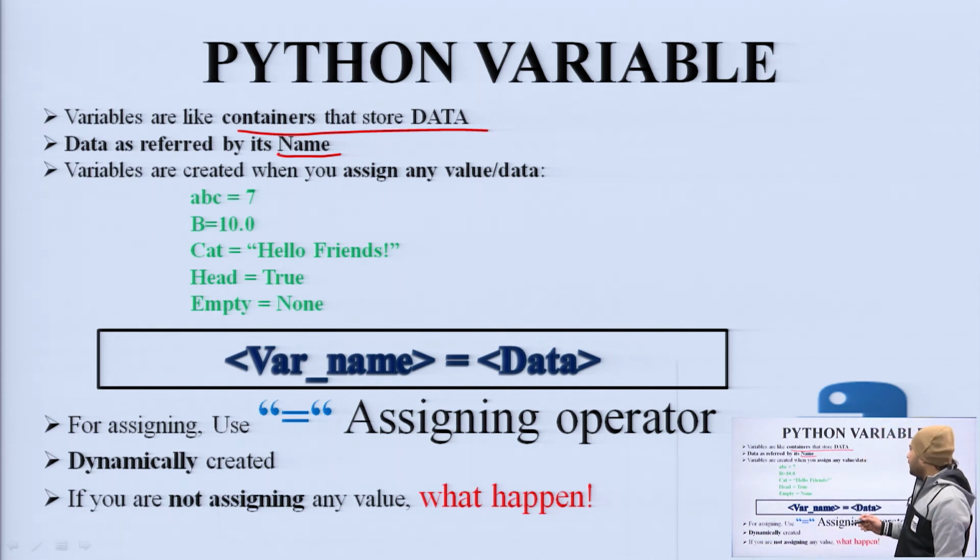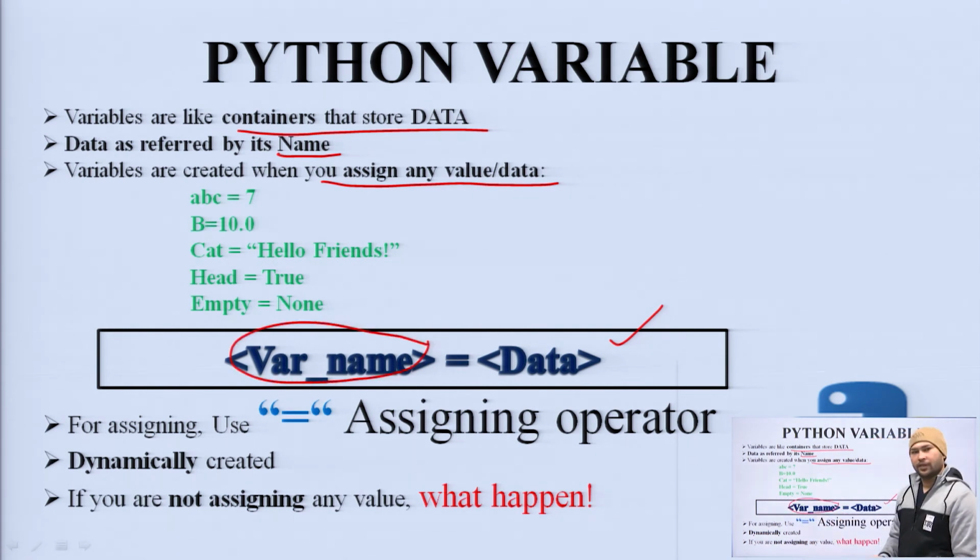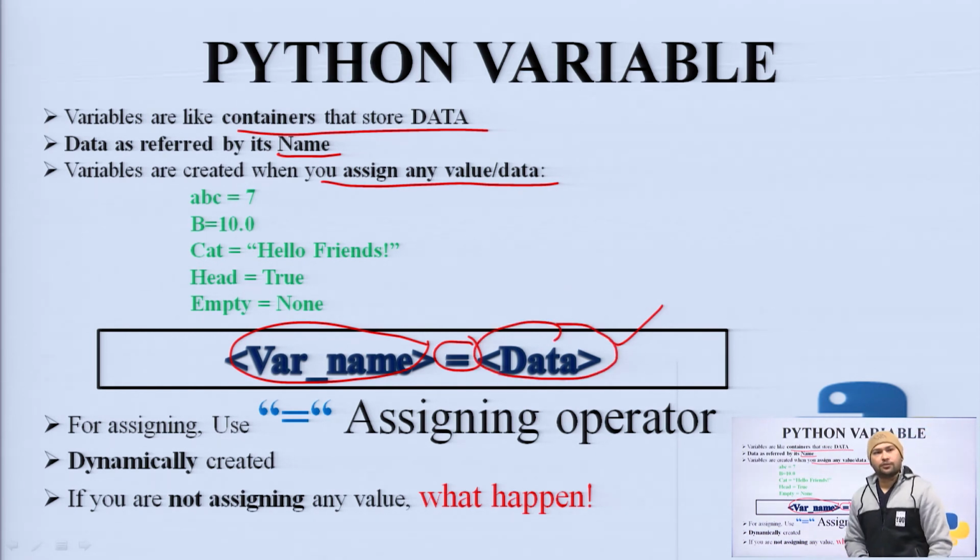So, while creating a variable in Python programming, you need to assign a value to that variable. This is the syntax for a variable. The very first thing is the name of the variable, followed by the assignment operator, followed by the data. These 3 things together define how the variable is put into Python programming.